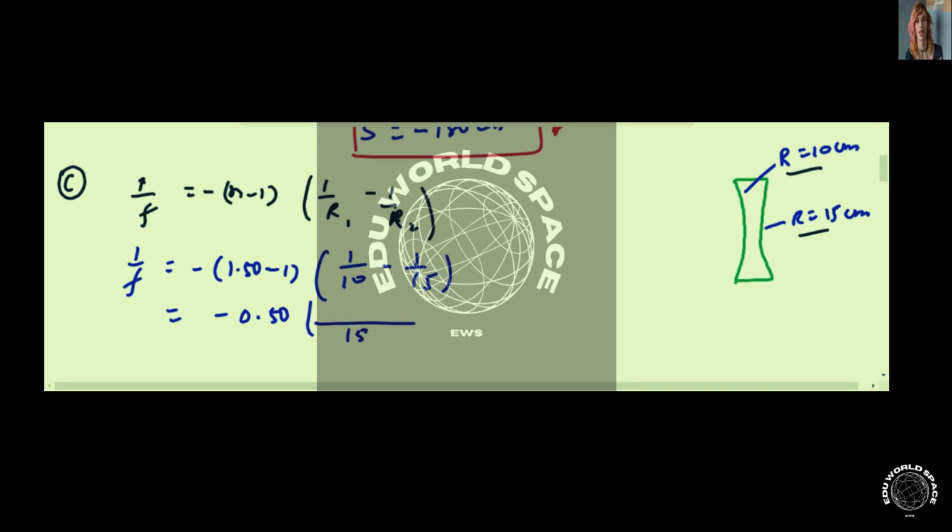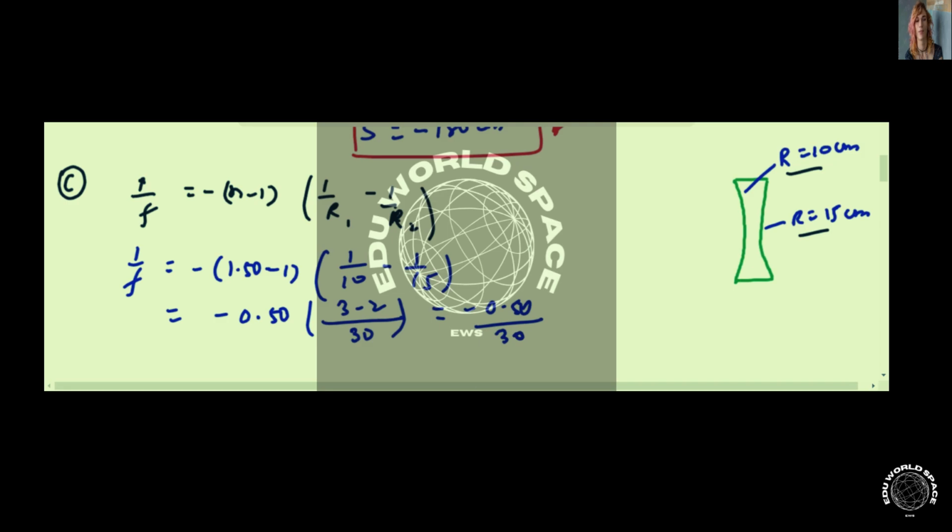This is 15, LCM will be 30. LCM is 30, 3 minus 2, so this will be minus 0.50 divided by 30. Okay, is this good? 0.50, 30, 3, 2.